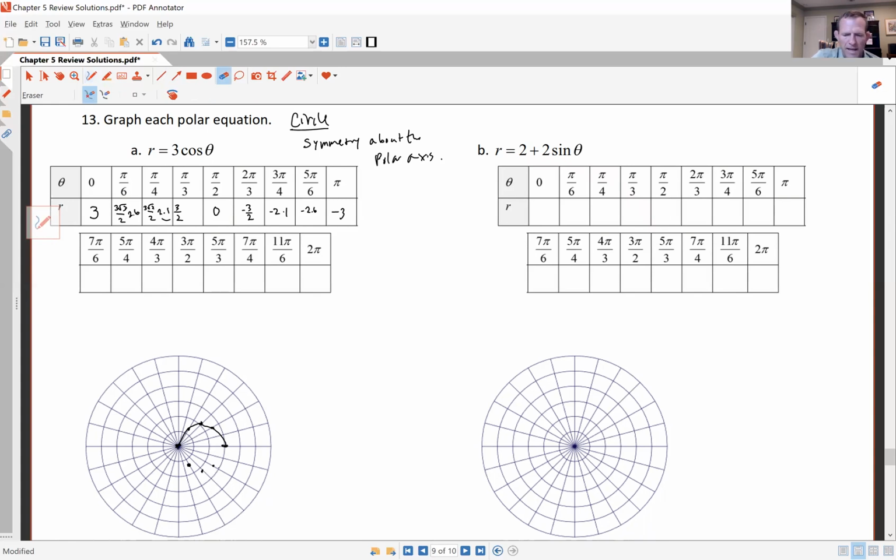There we go. And so then pi gets us back to negative 3. So in this case, we get the full circle from 0 to pi. We don't have to go any further than that.